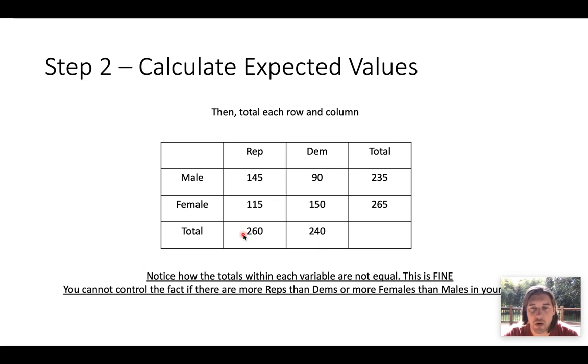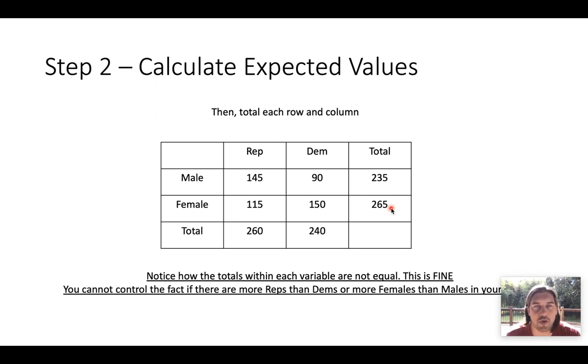Notice how the totals within each variable aren't equal. That's fine. When you're collecting these data as the political scientist that we're pretending to be, you can't force there to be an equal number of Republicans and Democrats, right? That's not how that works. You are assessing voting behavior.